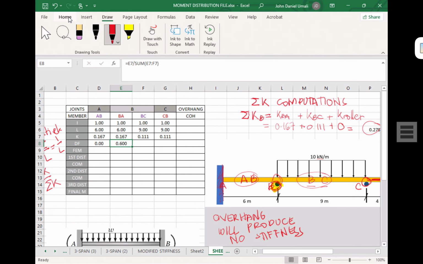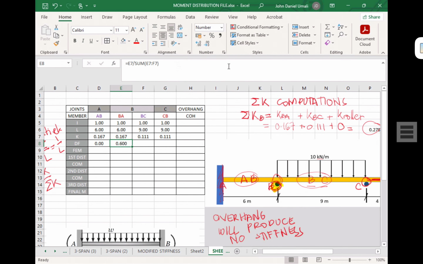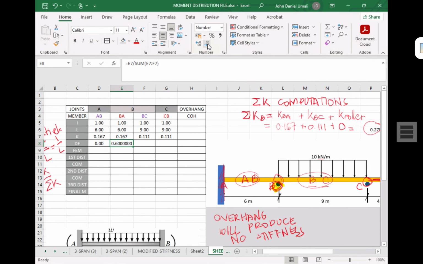So we can show it, no? So it is 0.600. Okay, next, equals, so same thing.